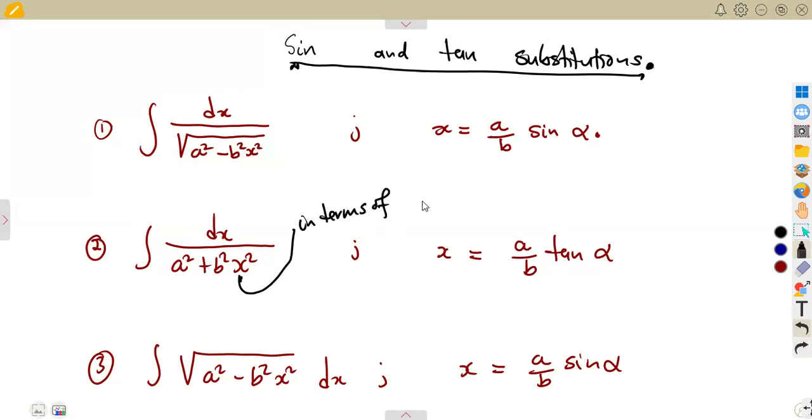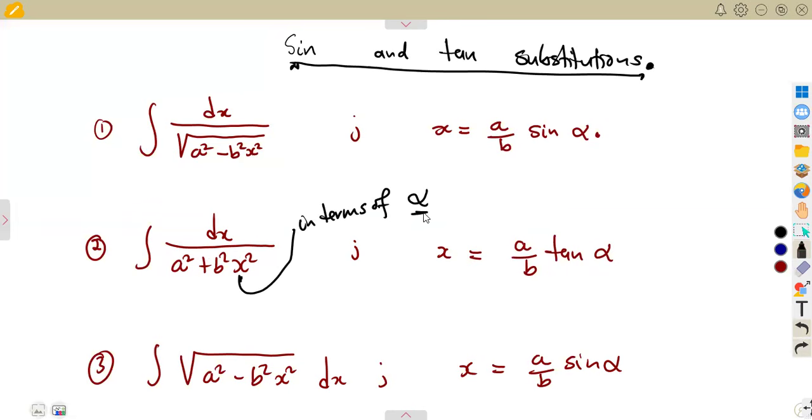So we are going to have this in terms of alpha. And that cannot be integrated because this is with respect to x. But you substituted x with something that is of alpha. So the question is, how are we going to integrate?